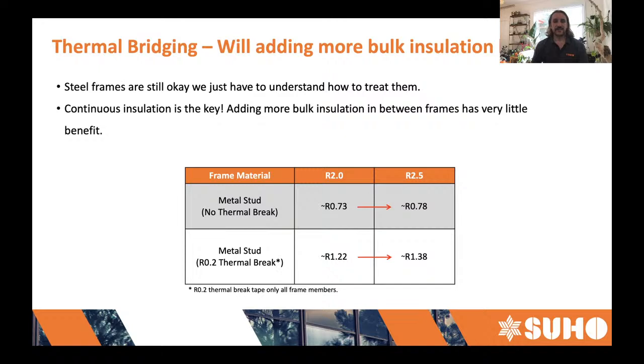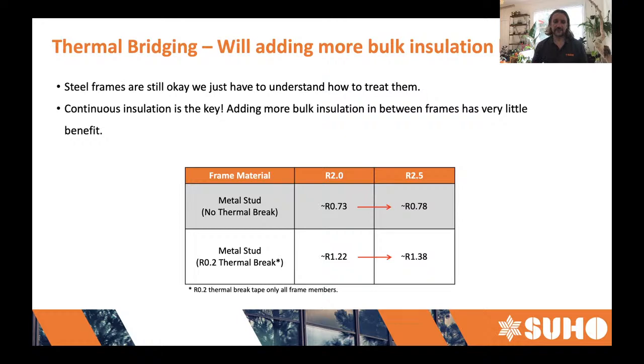Adding more insulation as bulk insulation in between frames actually has very little impact, as you can see in the example at the bottom of the screen. If we consider a metal frame, the same as the one on the previous page, 90-35 framing members at 450 centres, R2 was achieving about 0.7, and if we bump that up to R2.5, it'll achieve about 0.78. So you can see that it's really not making any difference.